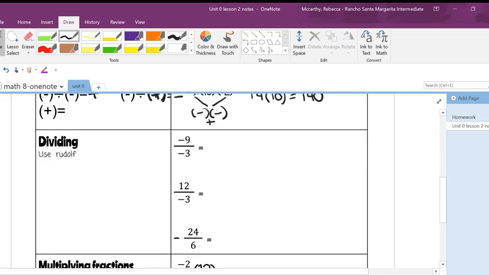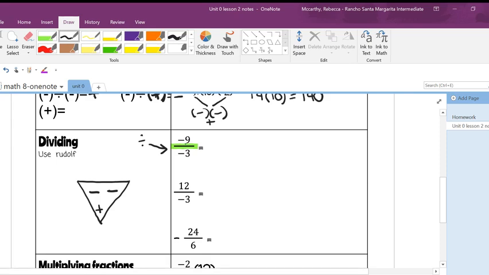Okay, what about dividing? I could use that same idea of Mr. Rudy. I'm going to draw it, and anytime I'm going to do my multiplying and dividing with negative numbers, I'm going to draw this. And it's only for multiplying and dividing, so keep that in mind. This symbol here, that's my division symbol. That's what we will use for division at all times from here forward.